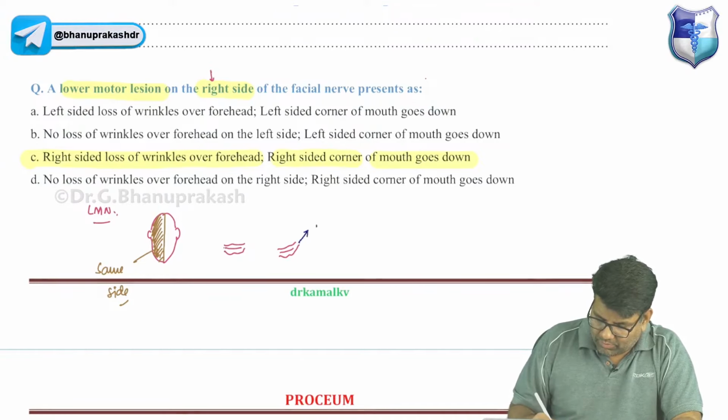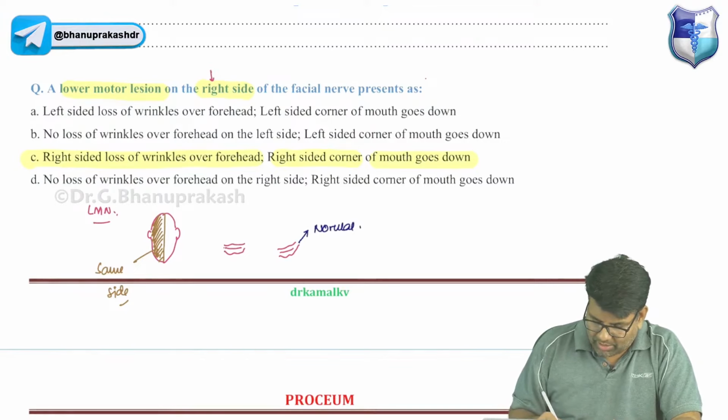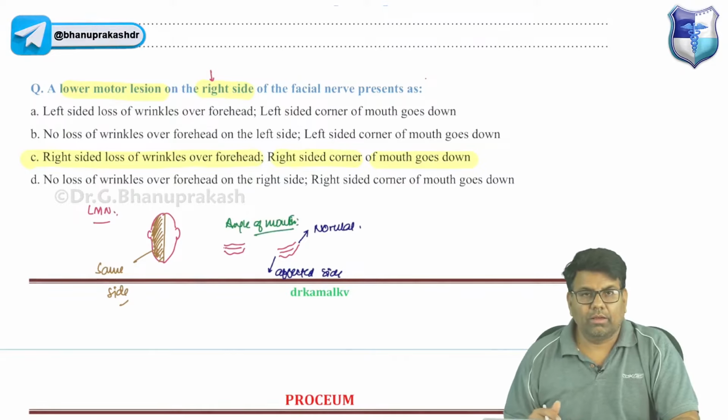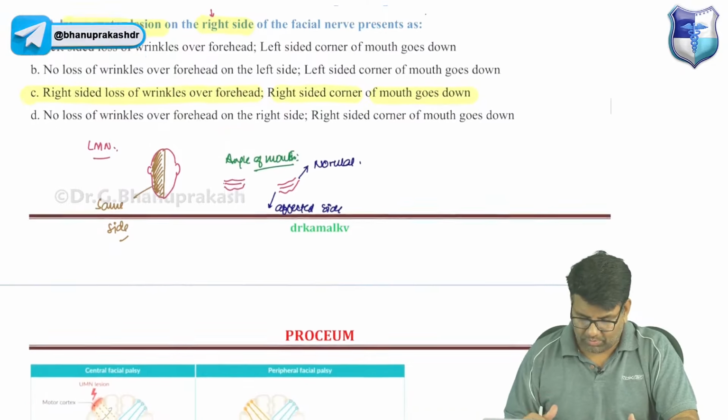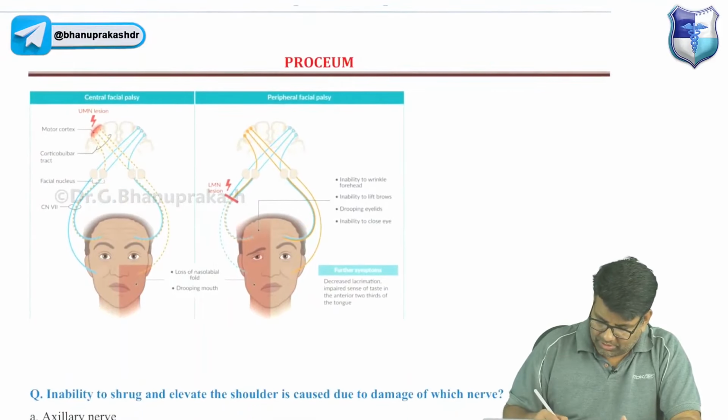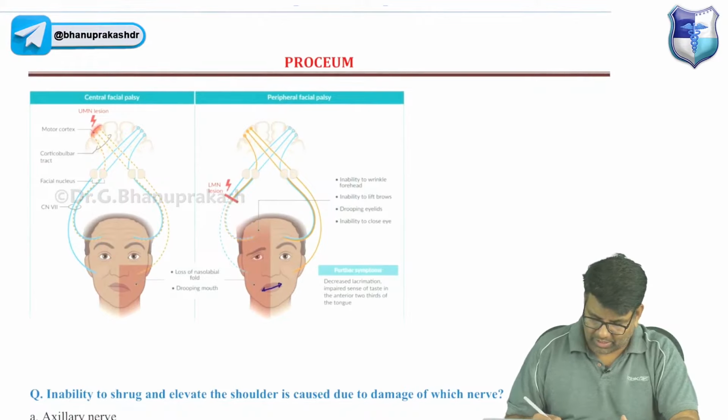So it goes up towards the normal side because of the normal muscles' pull, and it is low on the affected side. So again this helps in diagnosing a lower motor neuron paralysis of the facial nerve. Again, you can see here in the image, the angle of the mouth tilted somewhat like this.